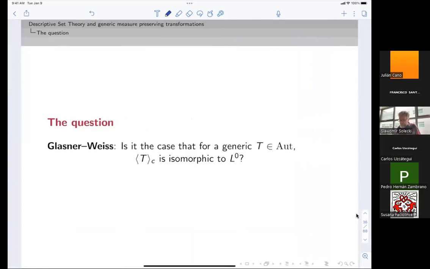And Glasner and Weiss asked the following question: is it the case that for a generic T, the group generated by T is isomorphic to the group L0? So they had a guess. Is it the case that in Aut, for most points, the group generated by T is actually this group L0 that I introduced? So that's the question I want to look at.